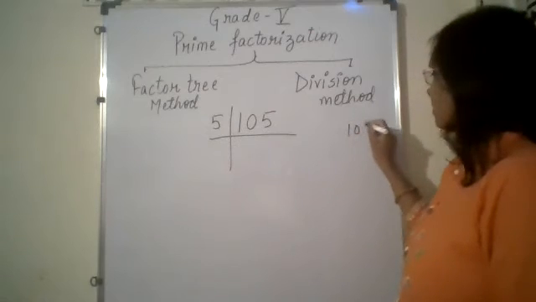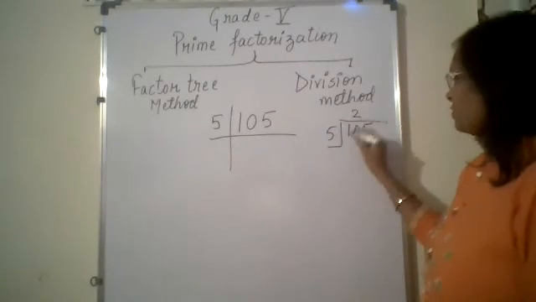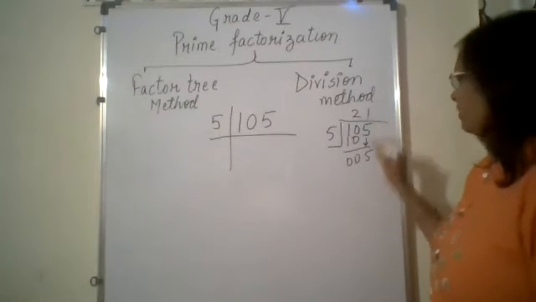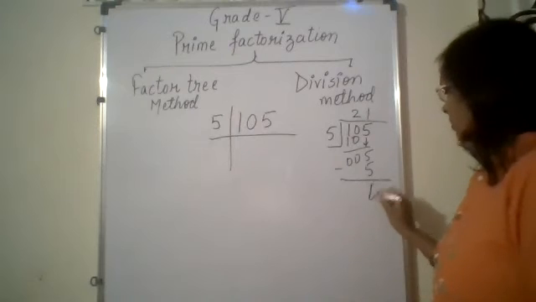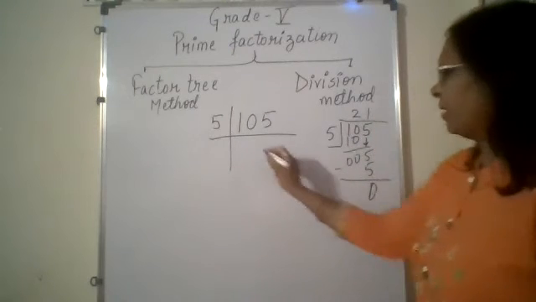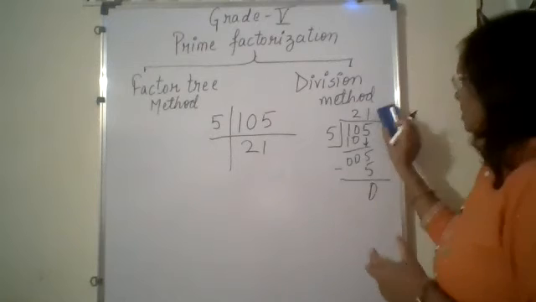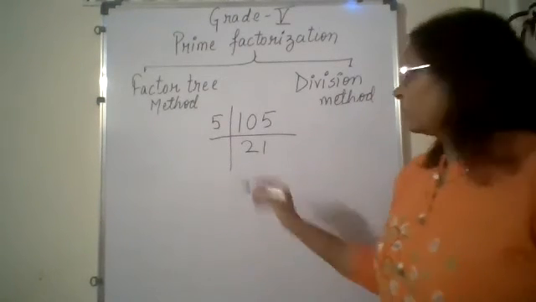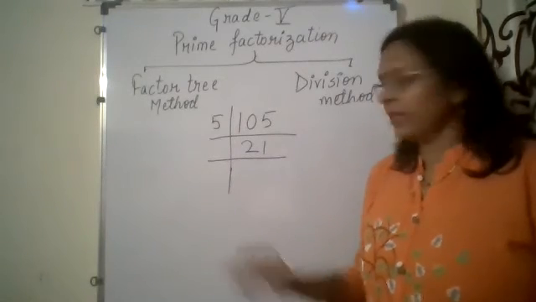So 105 divided by 5: 5 ones are 5, 5 minus 5 is 0, bring down 5, 5 ones are 5, remainder 0. So 21 is the quotient. This work you can do in the rough column. Next, 21 comes in the table of 3.